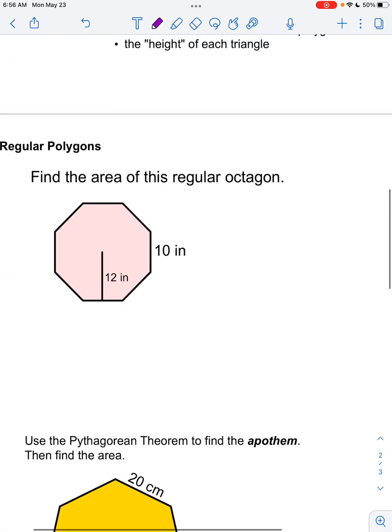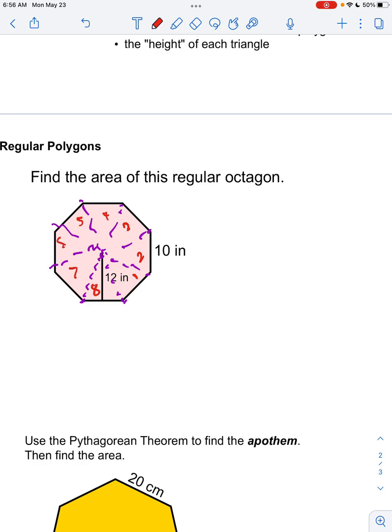Okay, so again, if I were to just sketch this out, I'm making a bunch of different triangles, something like this. So we have, again, how many sides? Let's count them. 1, 2, 3, 4, 5, 6, 7, 8.